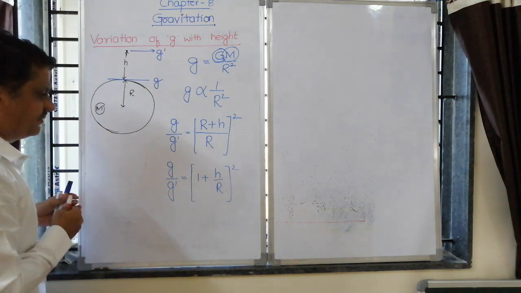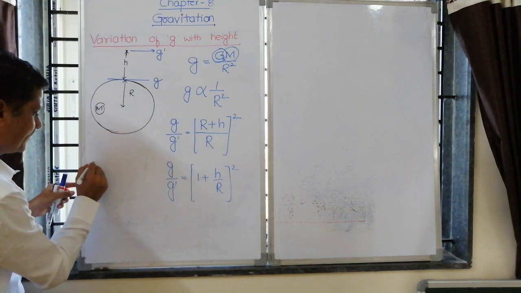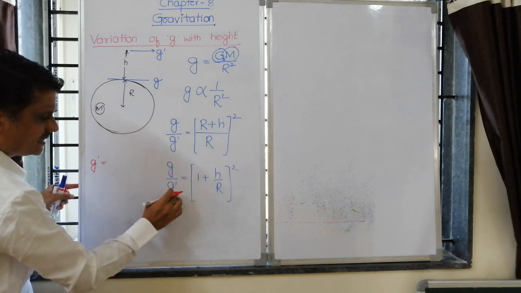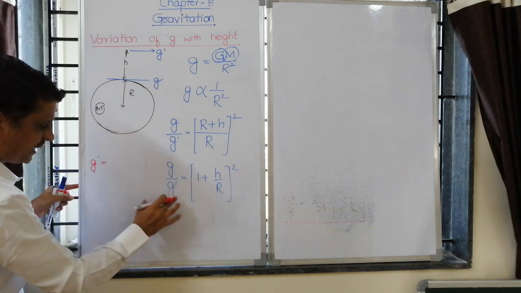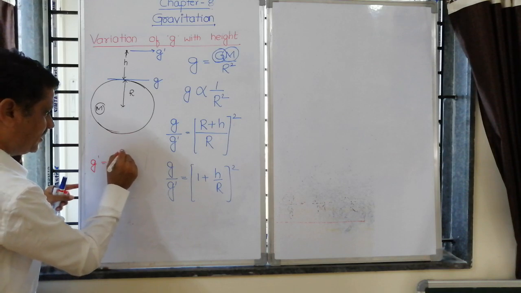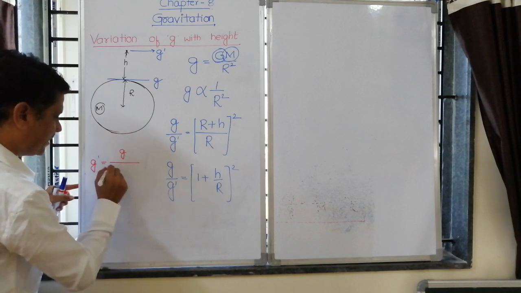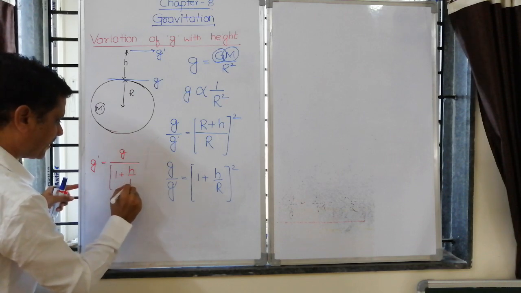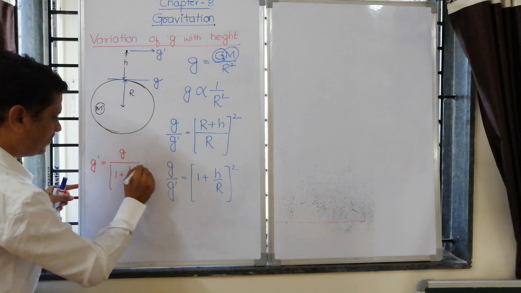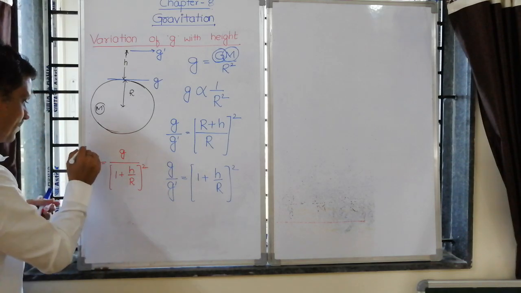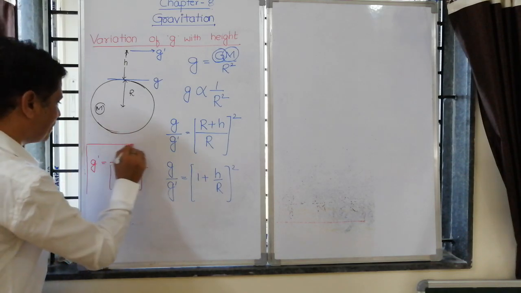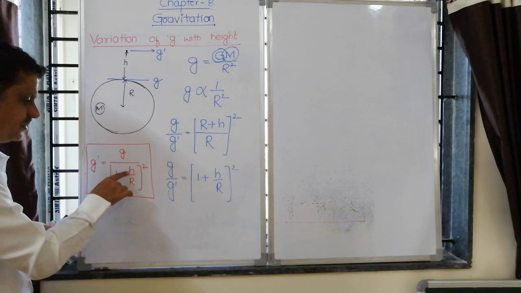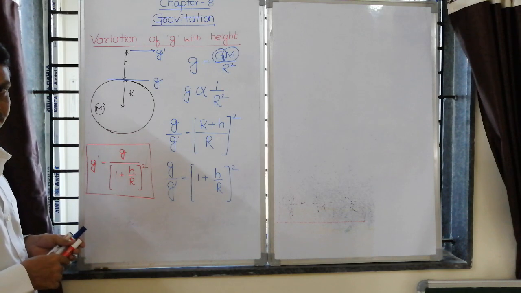So for my convenience, g dash can be written like this: you can take that side and complete bracket this side. g dash is equal to g divided by (1 plus h by R) whole square. So this is the original formula to calculate g at a height h.